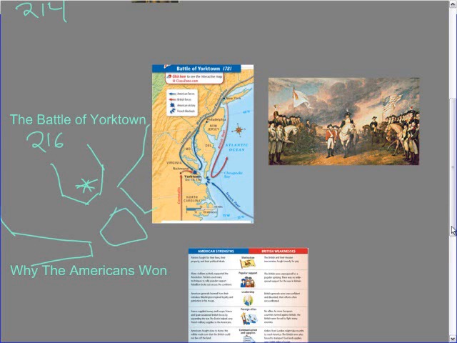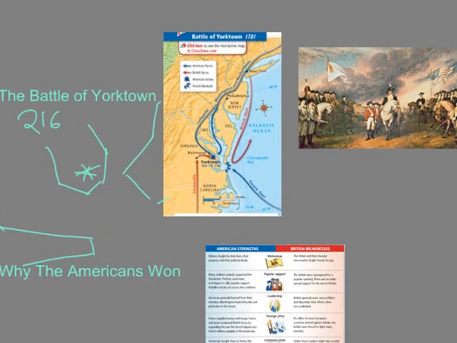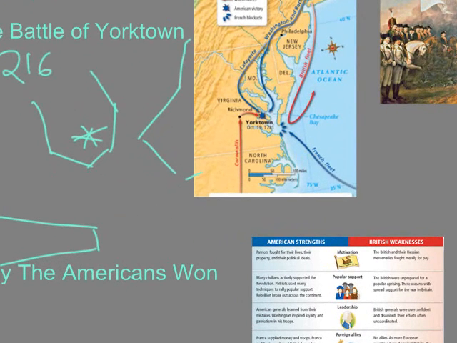So the problem for old Lord Cornwallis is that we've got the Americans coming in from the top here. We've got the Americans coming in from this direction, and then you have French ships blocking off, remember, because French are our allies because of the Battle of Saratoga. You have our French ships having a blockade right here.